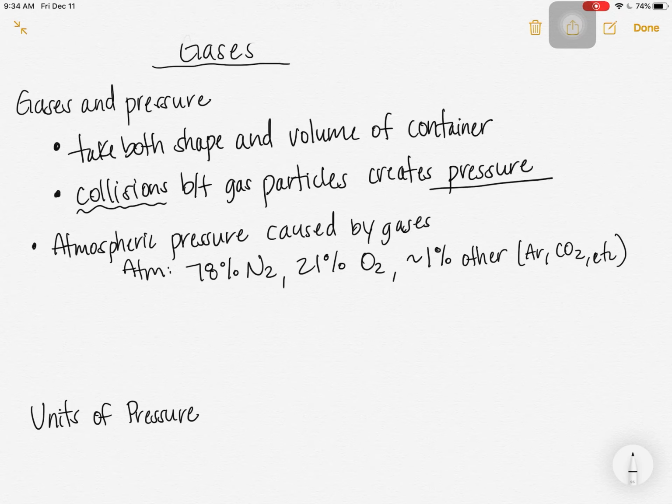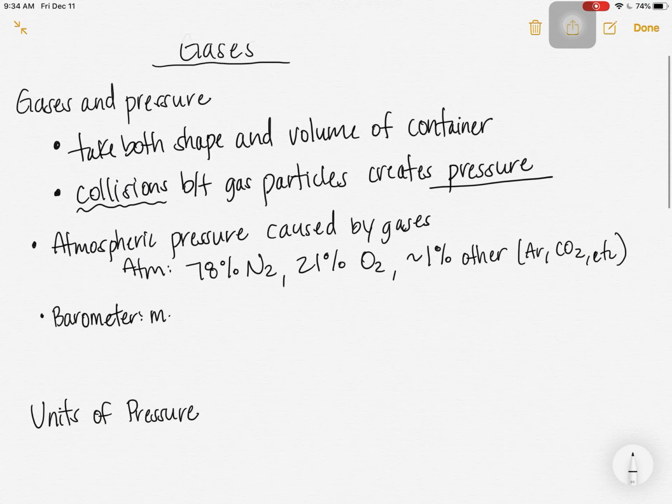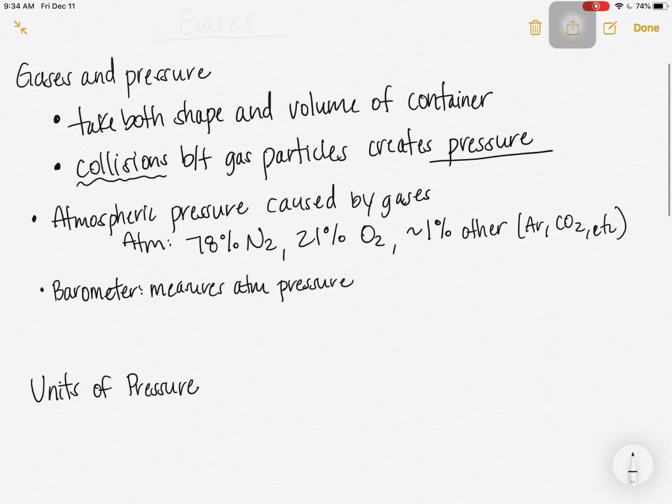And then the last thing that we'll talk about is that meteorologists use a barometer, and that measures atmospheric pressure. But there's another device that a chemist would use that would measure the pressure of a gas in a container.